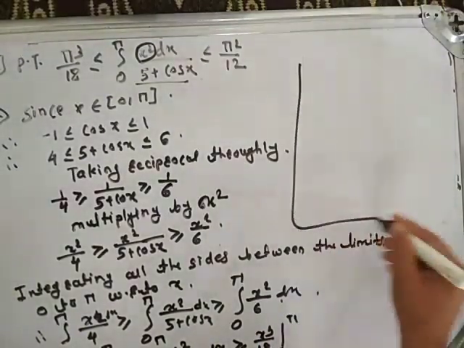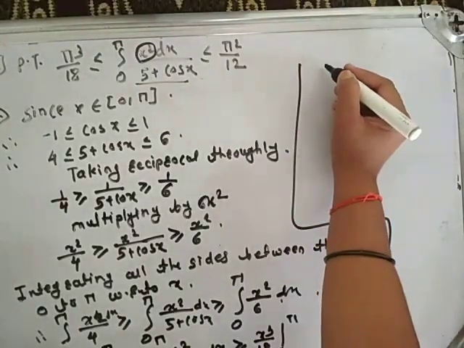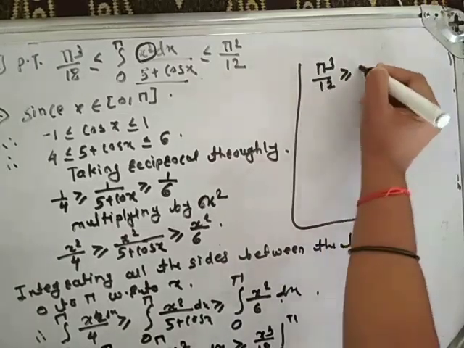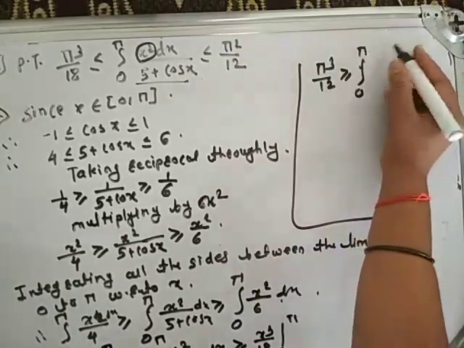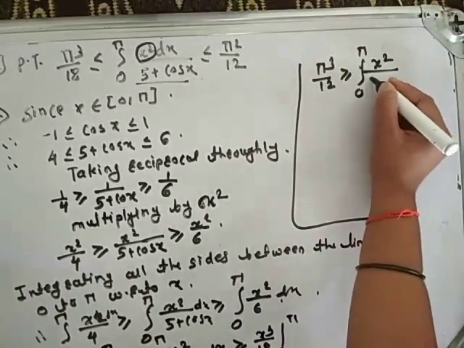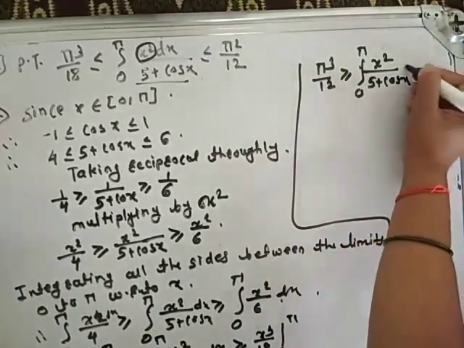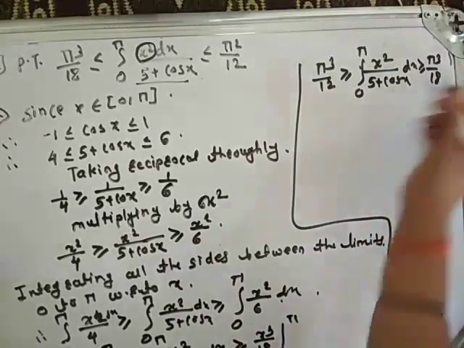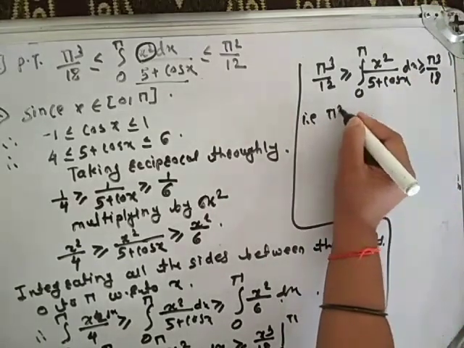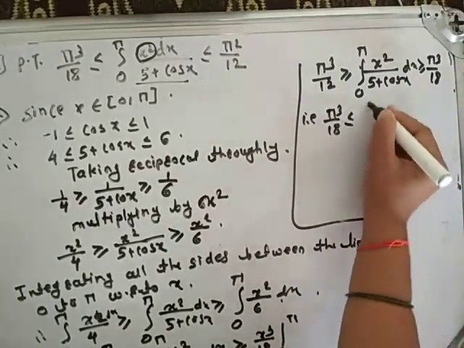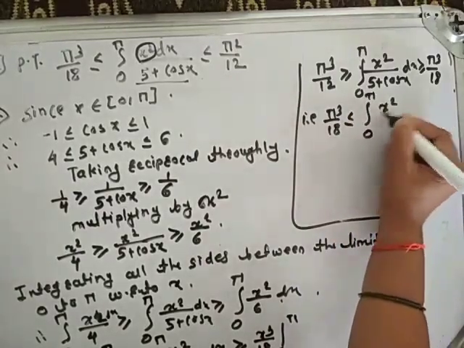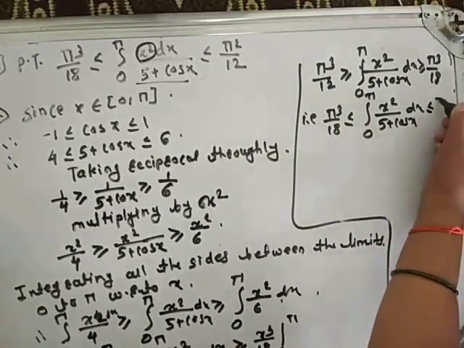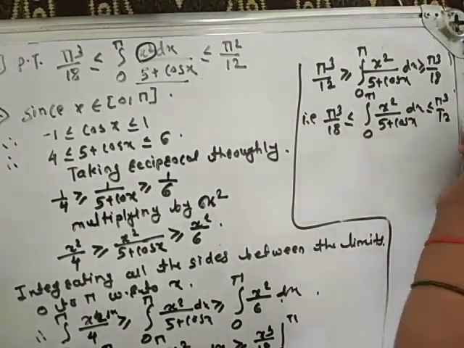This will be pi cube upon 12, which is greater than or equal to the integral of x square upon 5 plus cos x dx, which is greater than or equal to pi cube upon 18. That is, pi cube upon 18 is less than or equal to the integral from 0 to pi of x square upon 5 plus cos x dx, which is less than or equal to pi cube upon 12.